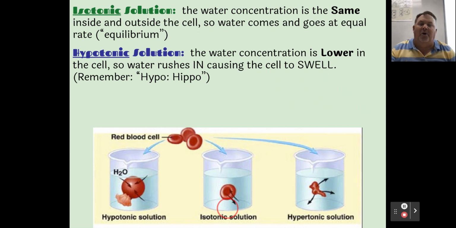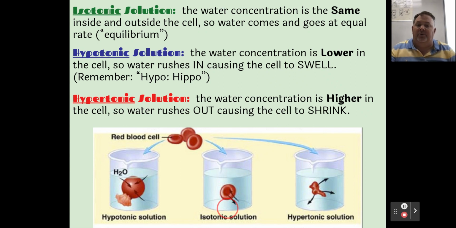I always think of hypo almost like hippo. Hippos are really large around, and they're increasing as they age. Same thing with the hypotonic solution. The cells in it are going to gradually increase in size, like a hippopotamus would, as time goes on.